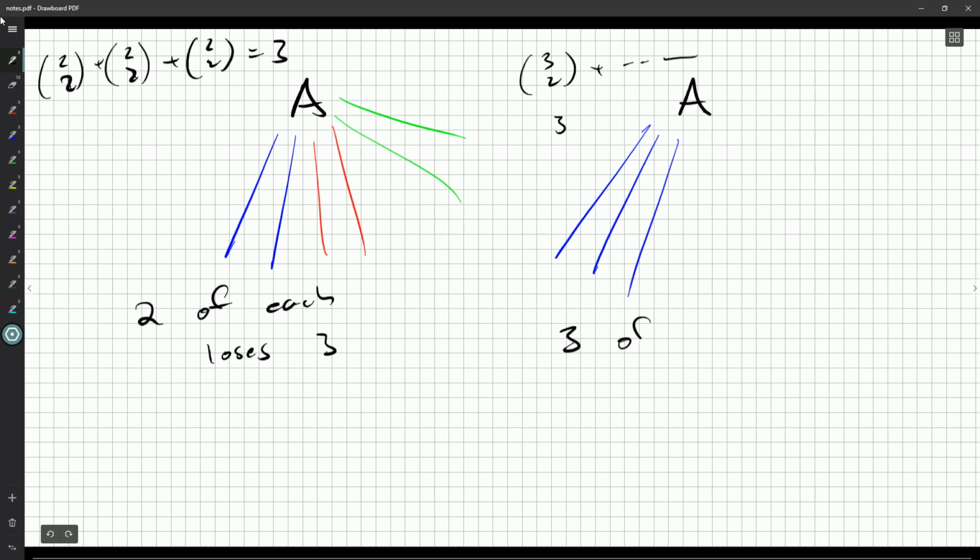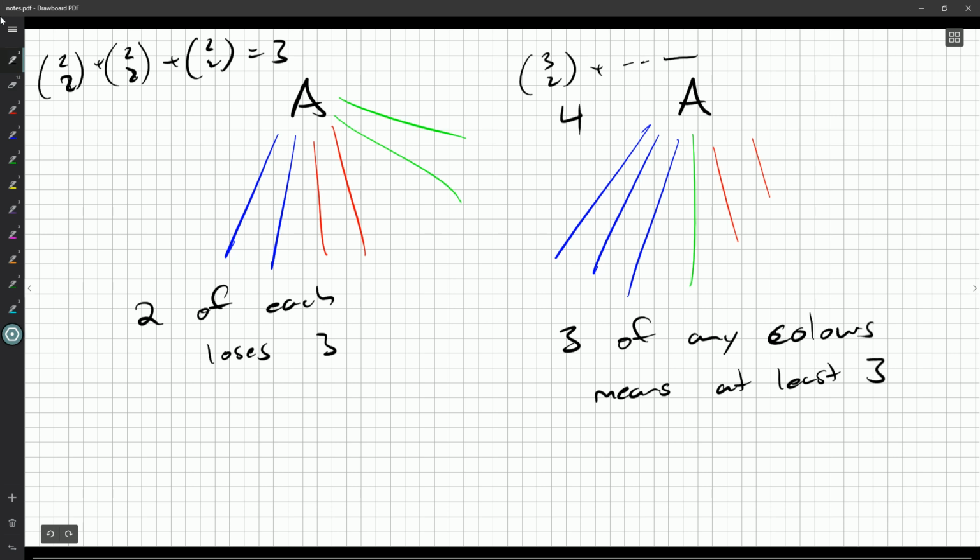So 3 of any other color, of any color, means at least 3. In fact, if we have 3 reds, then we'd lose 6 triangles, and if we drop that down, we know this is 4. Okay, so the best we can do with 3 of a color is lose 4.